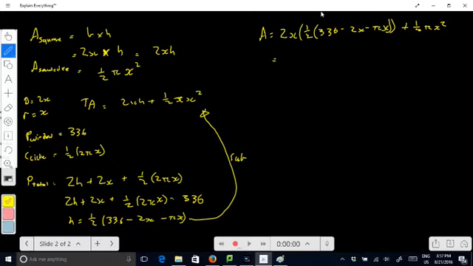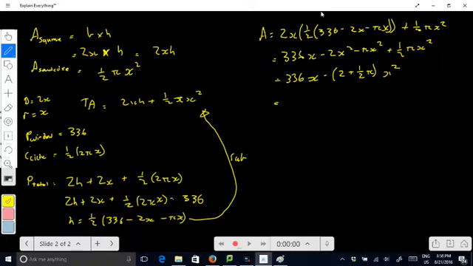If we expand and simplify, we'll get that, and simplify that further, we get the final step, which is what we want.